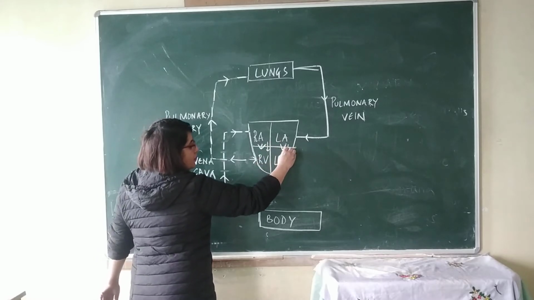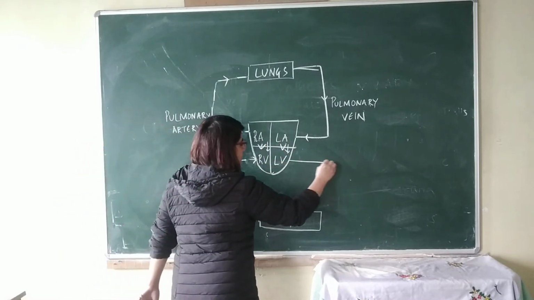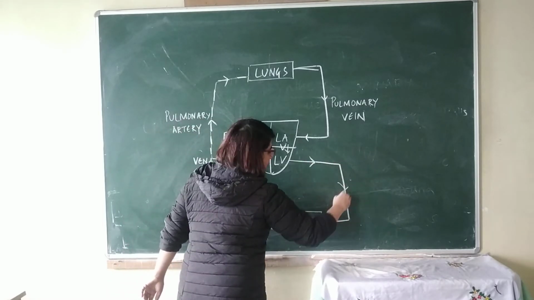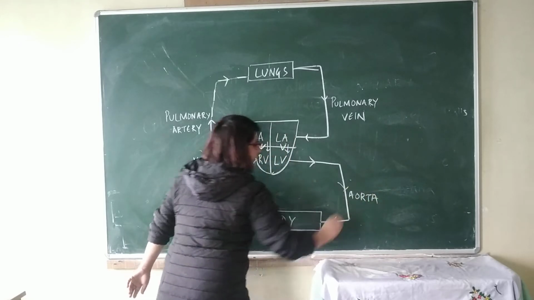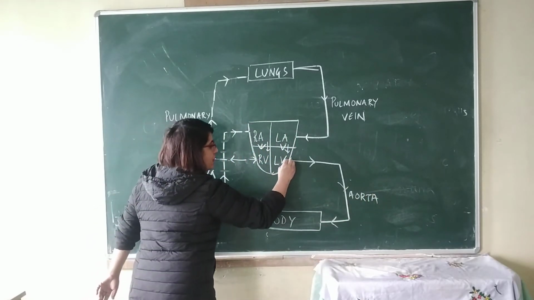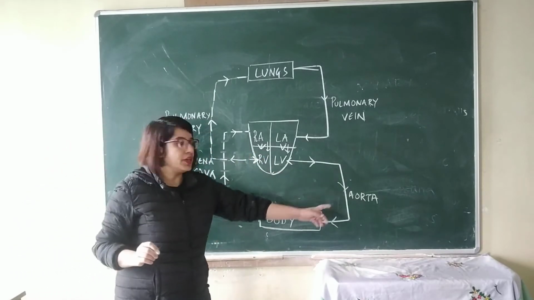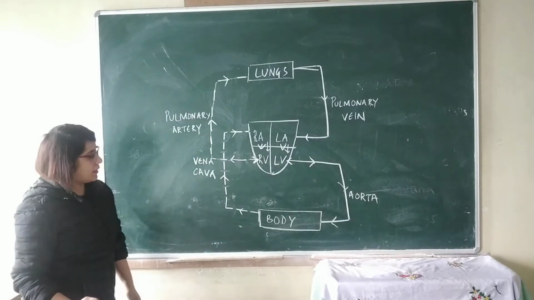From here, the blood now enters the left ventricle, and this oxygenated blood is carried to the different parts of the body by the aorta. And there is a valve present in between the left ventricle and aorta, which is called the semilunar aortic valve.